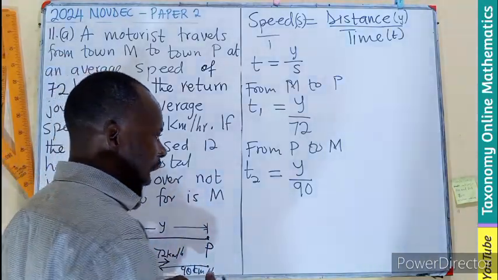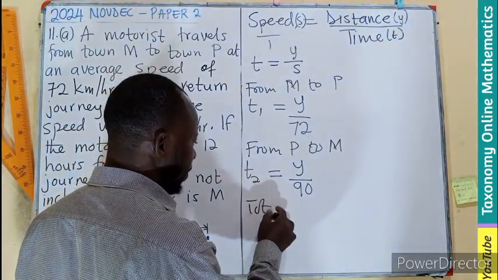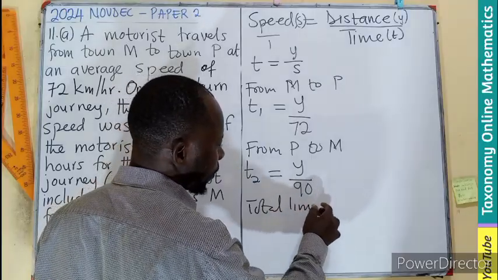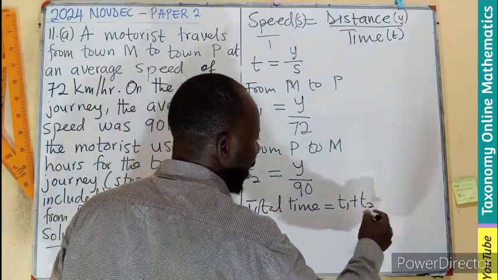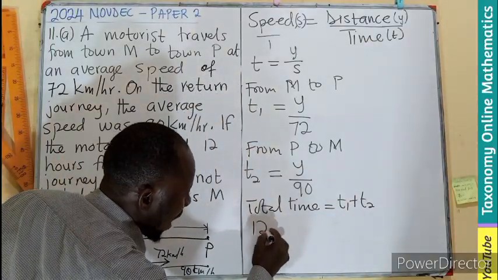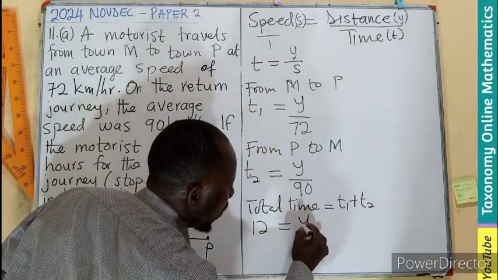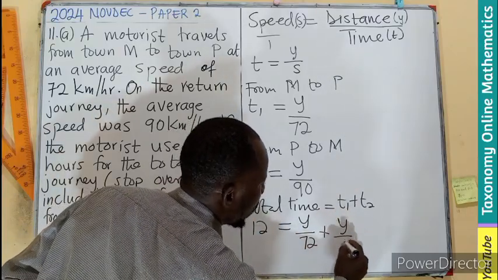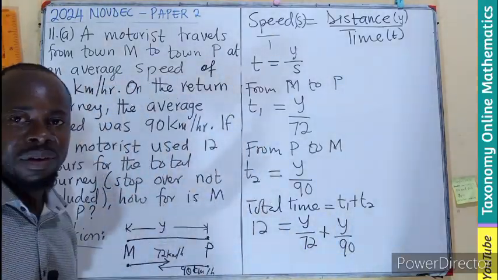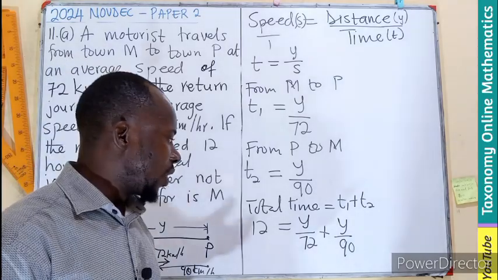So we know our total time will be equal to time 1 plus the time 2. Meaning 12 hours equals y on 72 hours plus y on 90 hours. So this is exactly the total time.